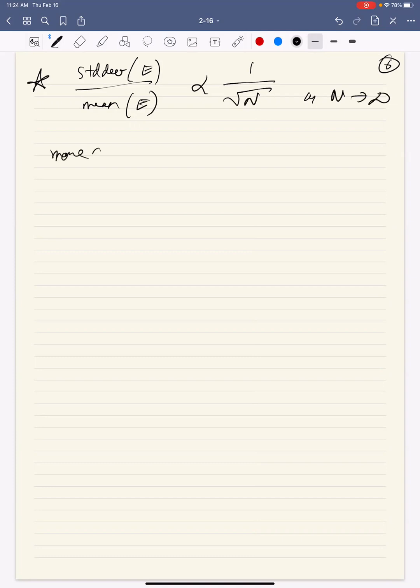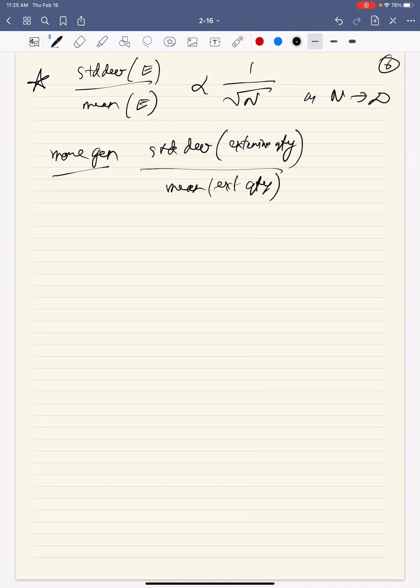More generally, you will see this in statistical mechanics: the standard deviation of extensive quantities divided by the mean of that same extensive quantity goes as 1 over square root of N as N tends to infinity. This is really powerful, generic, it shows up all the time. It really shows up due to the central limit theorem. That's the mathematical reason behind it. But it also means that as you get to N tends to infinity, statistical mechanics converges to thermodynamics, right?